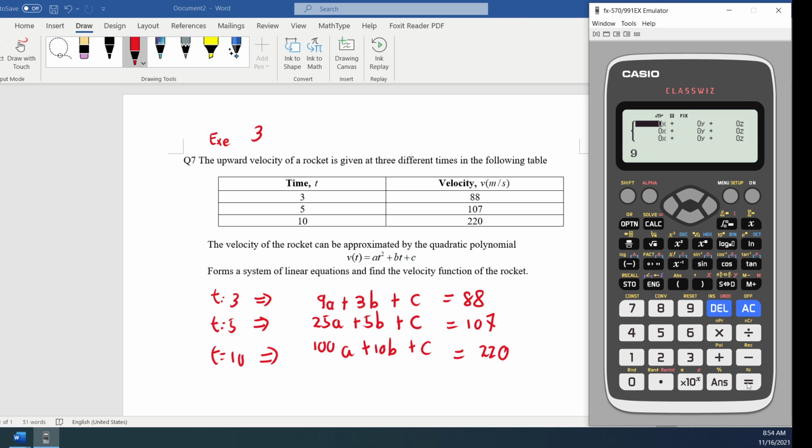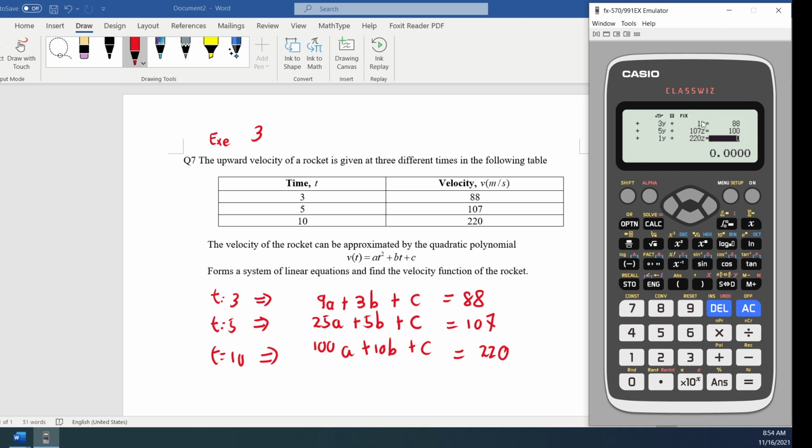Just input the coefficients of your equation row by row: 9, 3, 1, 88, and then 25, 5, 1, 107, and 100, 10, 1, 220.